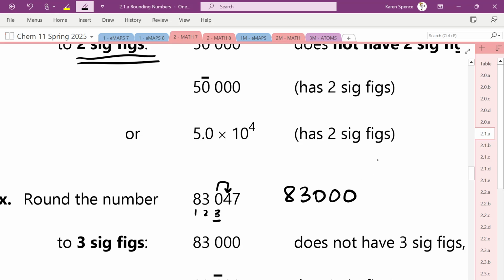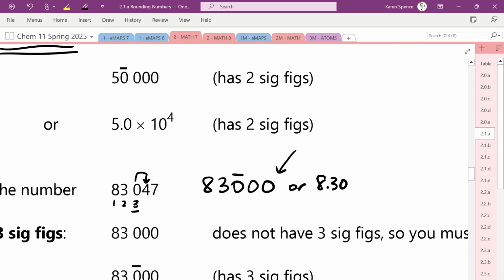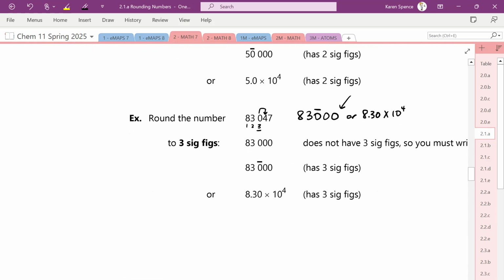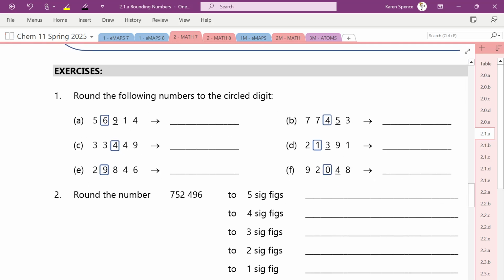Does this number have 3 sig figs? No. How can we give that number 3 sig figs? Yes. Put the overbar or use scientific notation: 8.30 times 10 to the 4. Either way is good.